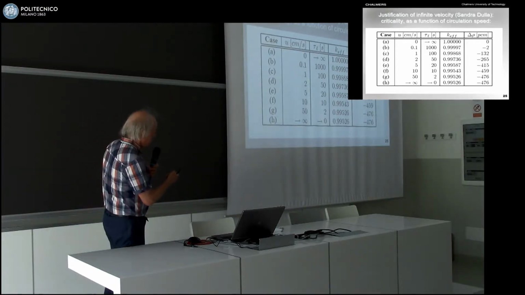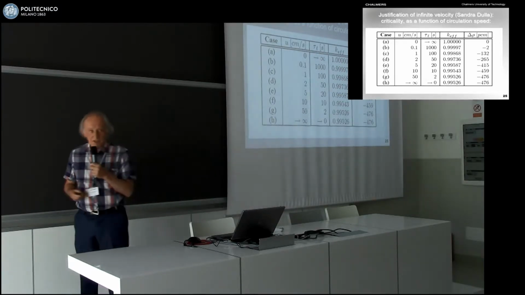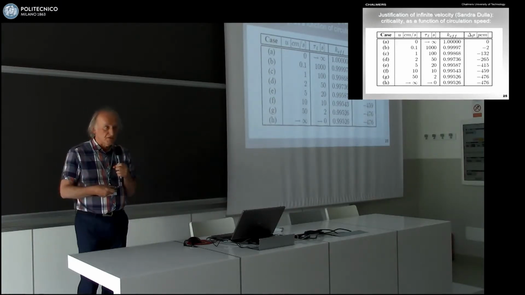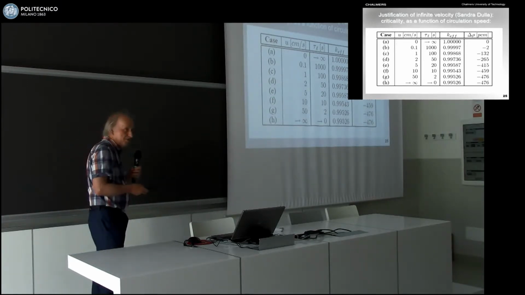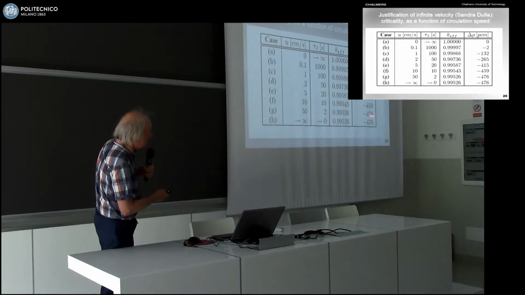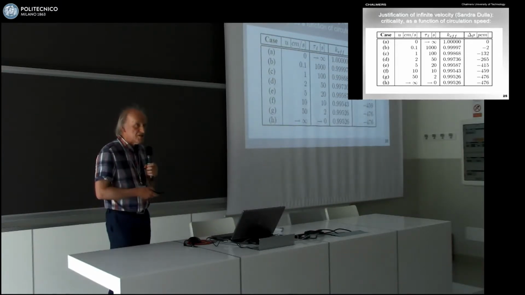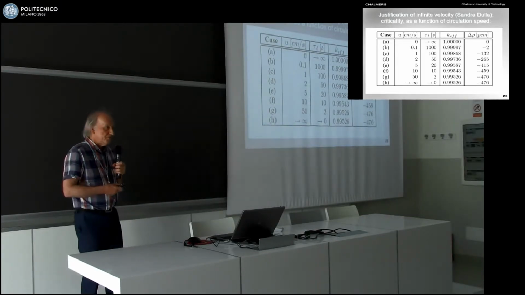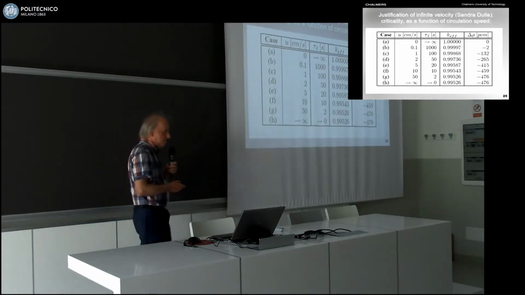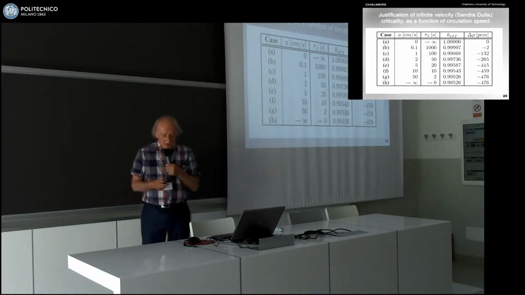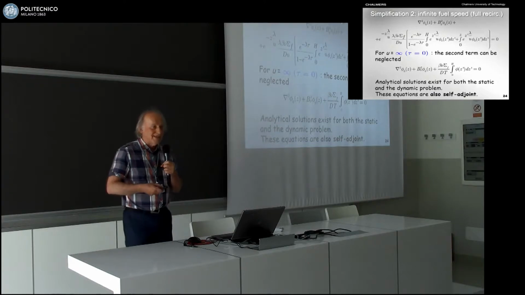So you see here, for instance, the effective decay and the loss of reactivity because of the movement of the delayed neutron precursors. It's the same up to 3 or 5 digits, and therefore this infinite velocity is not as crazy as it might sound, because one can get into the limit.